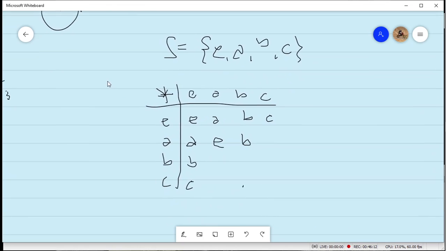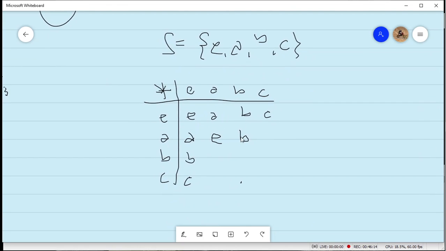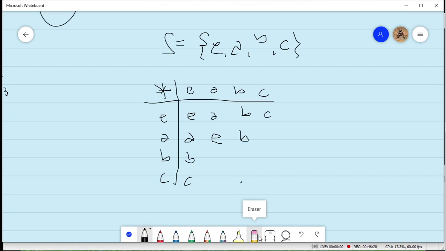So if we put B here, there would only be two spots left for three elements, E, A, and C. So it cannot be. Therefore, we cannot put B here. Meaning, there can only be one possibility, and that should be to put C here. And that would leave this spot for B.